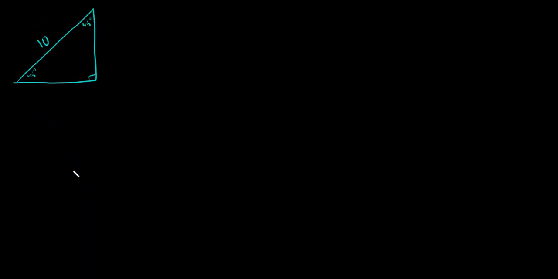So in this problem, we somehow got 10 by doing the length of the leg, which I'm going to call x, times the square root of 2. Now I can solve for x. I'm going to divide each side by the square root of 2.